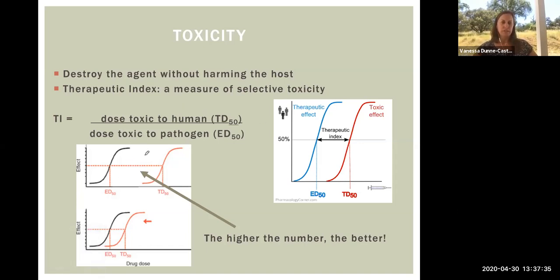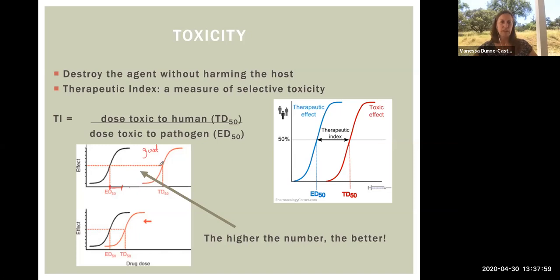For this one here, this is a good drug, because you can see that at any concentration that you choose, from where you have any kind of effective dose to 100% effective dose, any of these ranges here, there is no toxicity to the human. You would have to increase that concentration massively to begin seeing any toxic effects to the human host.